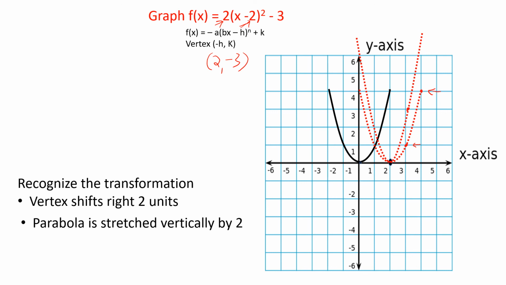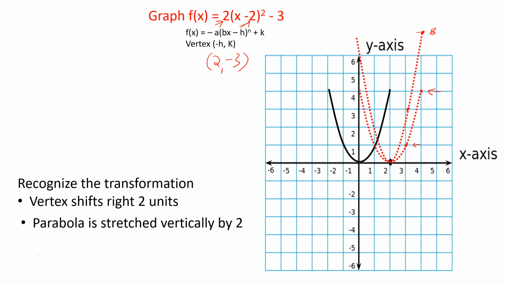So if I multiply 4 times 2, that shifts up here to the 8. This is where the 8 is, okay? So it's multiplying everything by 2, the y by 2. Not shifting by 2, but multiplying by 2. And that stretches that parabola and makes it narrower.